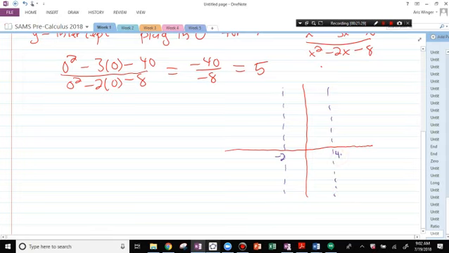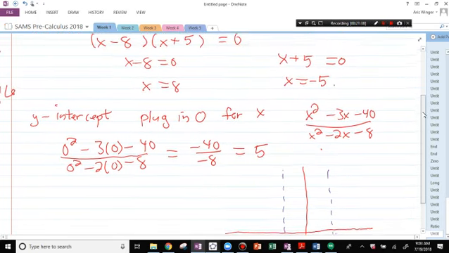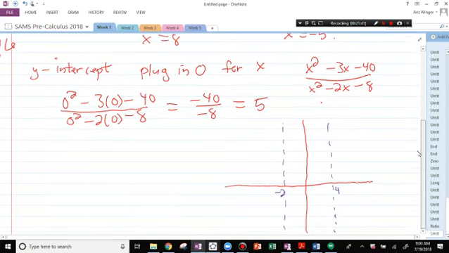And whatever I'm about to draw better get vertical around those places. I know that I'm also crossing the x-axis at -5 and 8. And I also know that I hit the y-axis at 5, right?